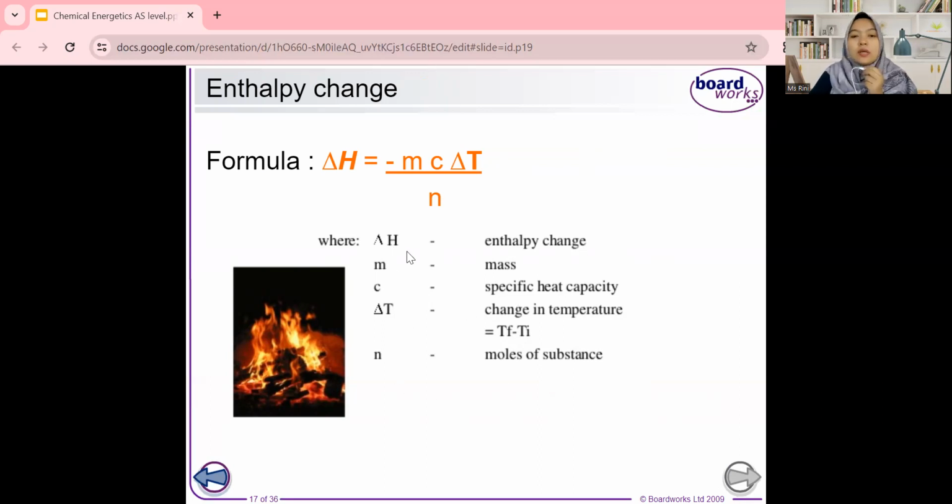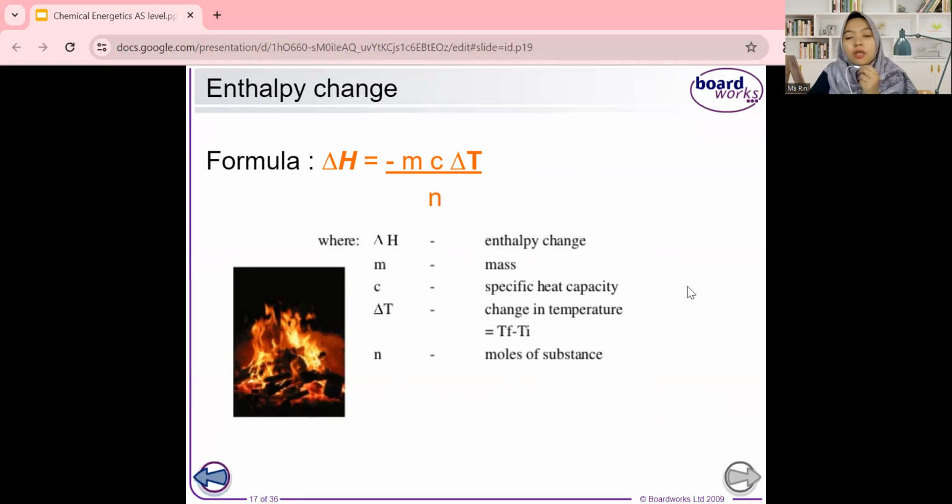So, each symbol: first is delta H, the enthalpy change. M is mass. C is specific heat capacity. Delta T is the change in temperature, so the final temperature minus the initial temperature. And n is the moles of the substance. Basically some of the symbols are the same as the previous one.